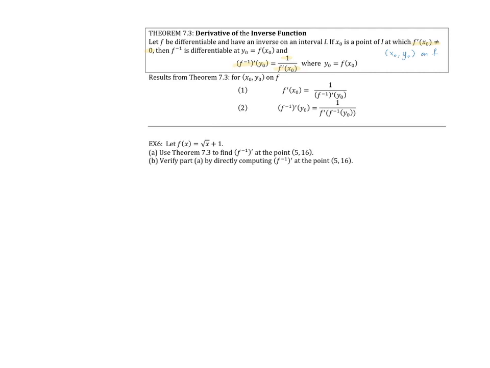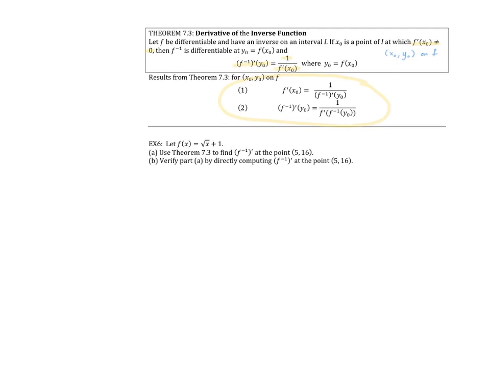So if we take this point and we evaluate the derivative of the function at the x value, it's going to be the reciprocal of the derivative of the inverse function on the y value. So something that comes from that theorem is these other two equations that you're free to use if you need to. And that falls from theorem 7.3.